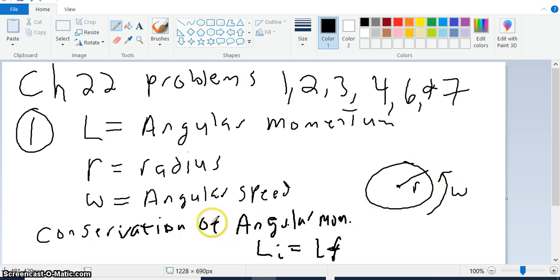The idea of the conservation of angular momentum, I didn't write out all of the word momentum, sorry about that, is that the initial angular momentum, L sub i, equals L sub f, the final angular momentum. That's how we're going to solve this problem.